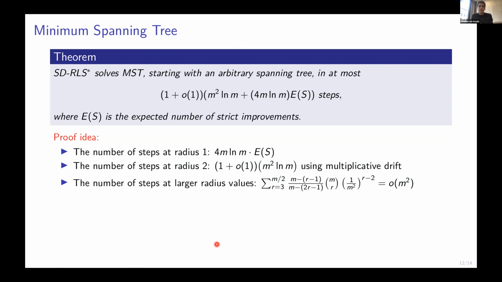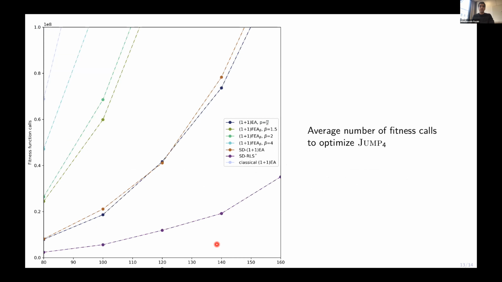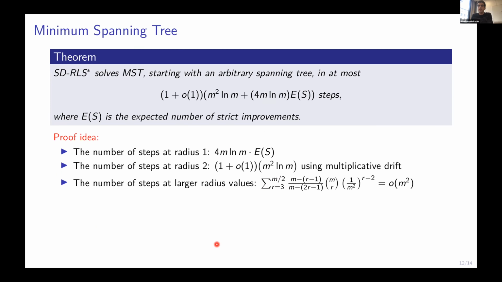We haven't done that on minimum spanning tree, but I believe that the optimization time of the original stagnation detection would be the same. Maybe the difference is in the coefficient in the optimization time, but asymptotically, I think they are the same.